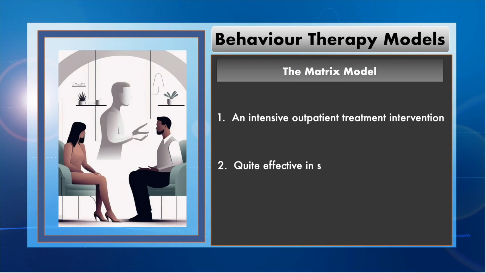It is an intensive outpatient treatment intervention which is quite effective in stimulant use disorder. This is a multi-component intervention. It uses counseling, recovery skills development, relapse prevention techniques and social support to maintain abstinence.